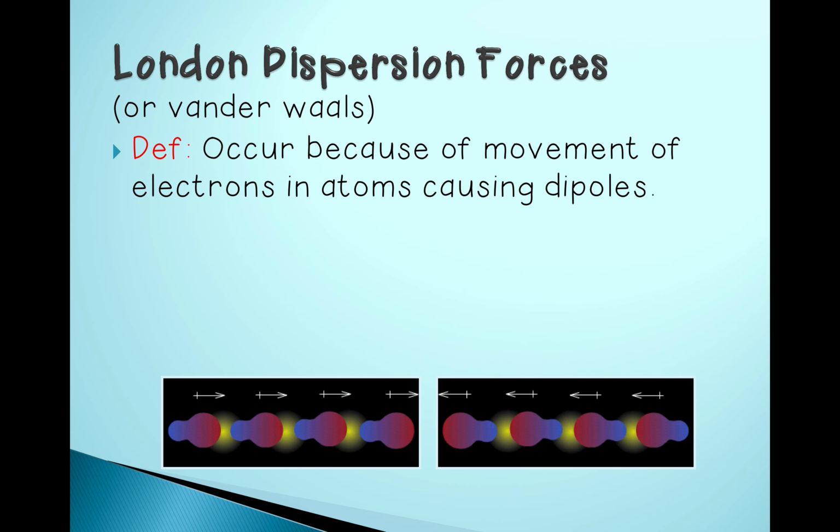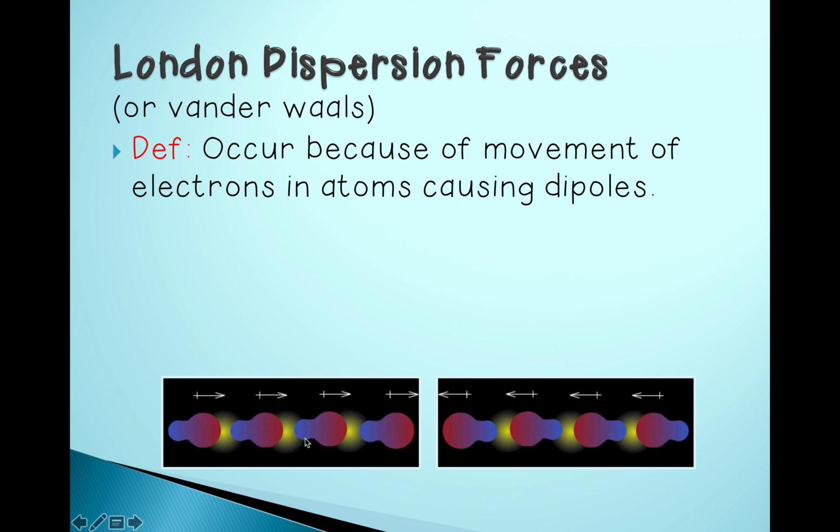And they are going to occur because of the movement of electrons in an atom. So as those electrons move, they start to cause what is called a dipole, so just a little momentary movement of electrons, and that is what's going to cause our van der Waals.